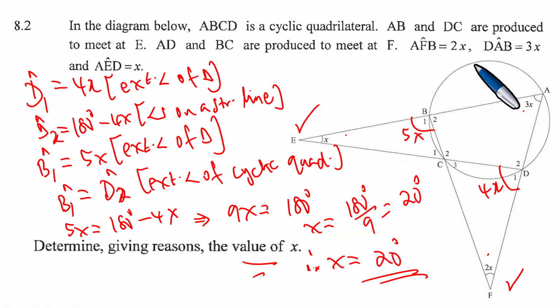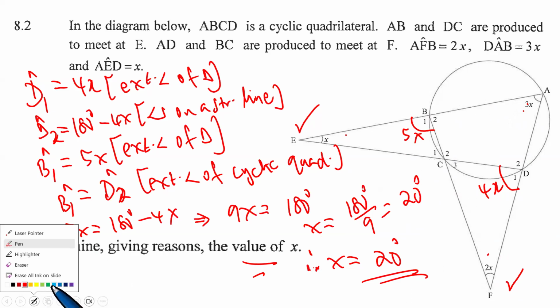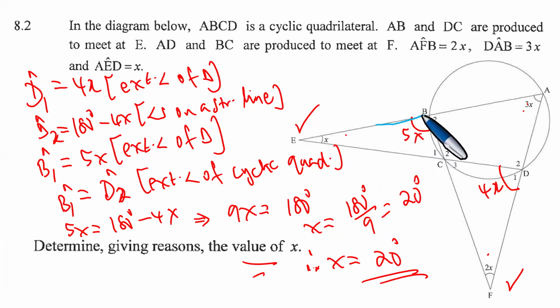So can you please re-explain how you got to B1? Okay, right. How we got B1: if you look at this diagram here, the angle B1 is sitting here, and we go back to grade 10. The angle B1 is an exterior angle, which is equal to the sum of the interior opposite angles in this triangle. So it means that B1 is 3x plus 2x, which is 5x.